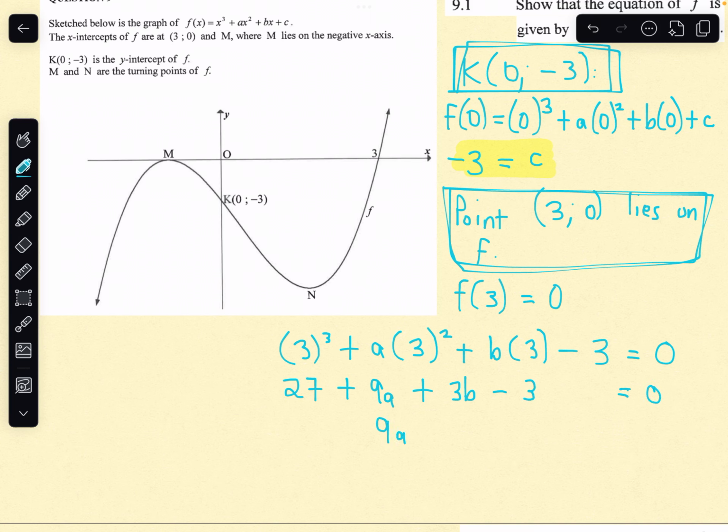So that is 9a plus 3b plus 24, since 27 minus 3 is 24, and we can divide through by 3. So that ends up being 3a plus b plus 8 is equal to 0. That's an equation that we will just hold on to. Hopefully we can find another equation in terms of a and b, and then we can do some simultaneous equations.